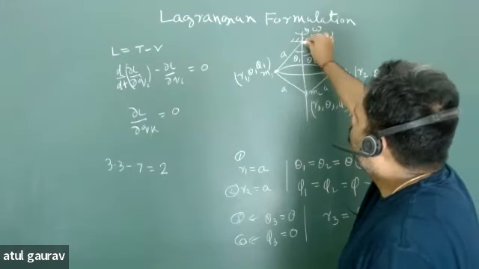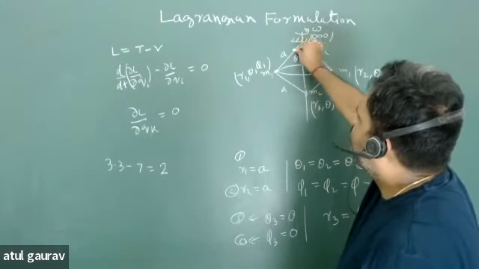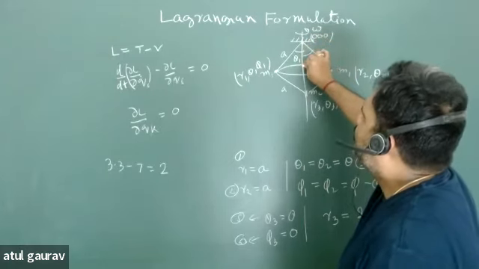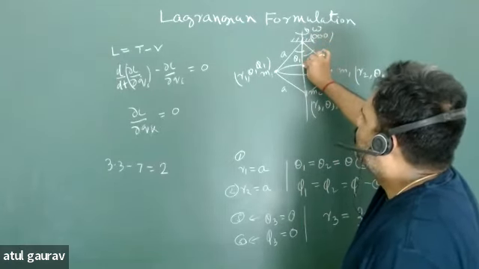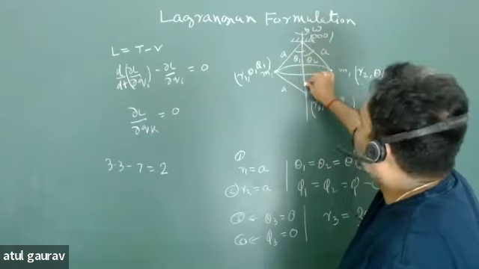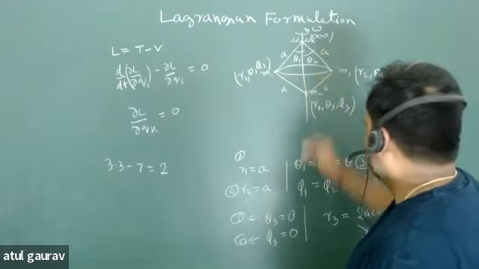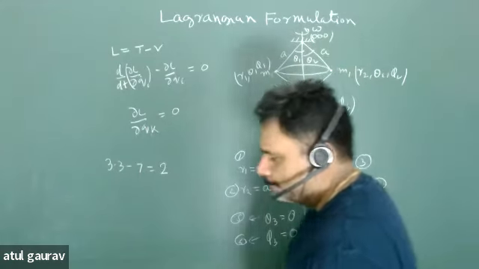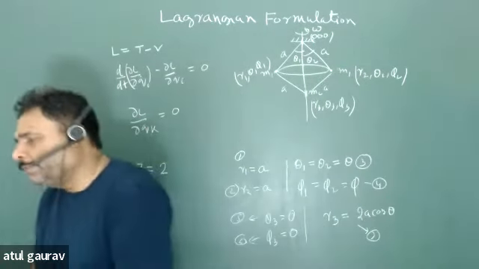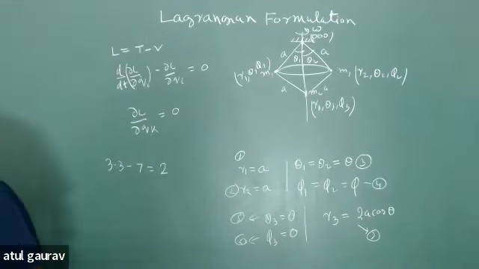If this distance is a and this angle is θ1, then this distance is a cos theta, and again this angle is also theta, so this distance is also a cos theta. So this distance is 2a cos theta, a cos theta plus a cos theta. Okay?